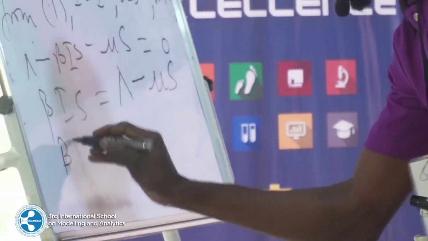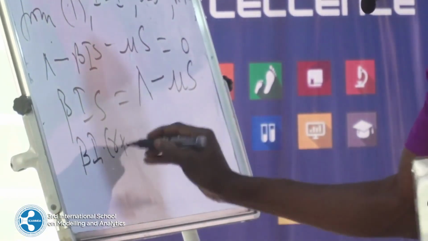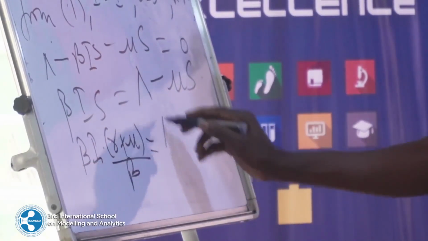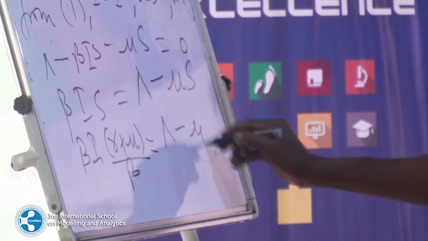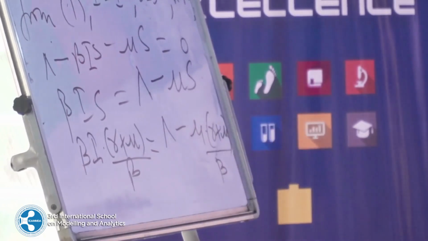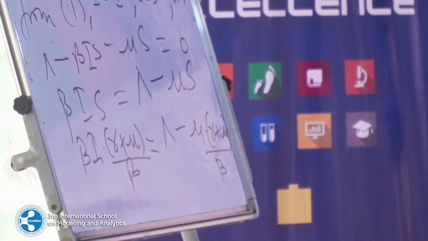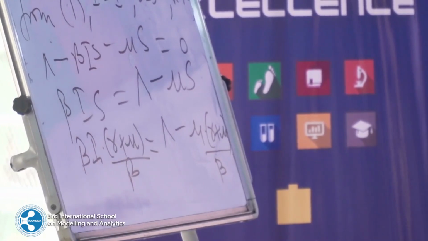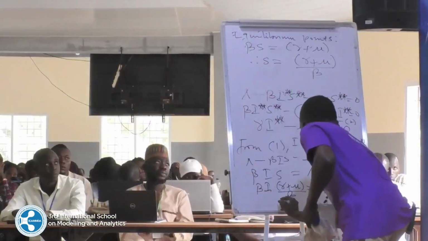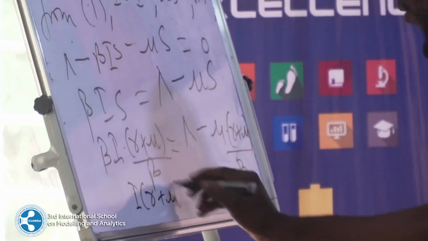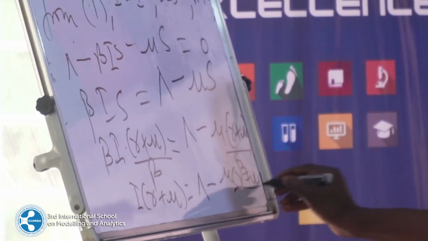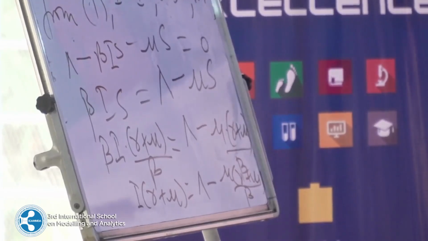I will have beta I times gamma plus mu over beta is equal to lambda minus mu times gamma plus mu over beta. So from here, I will have I into gamma plus mu is equal to lambda minus mu into gamma plus mu over beta, all over beta.